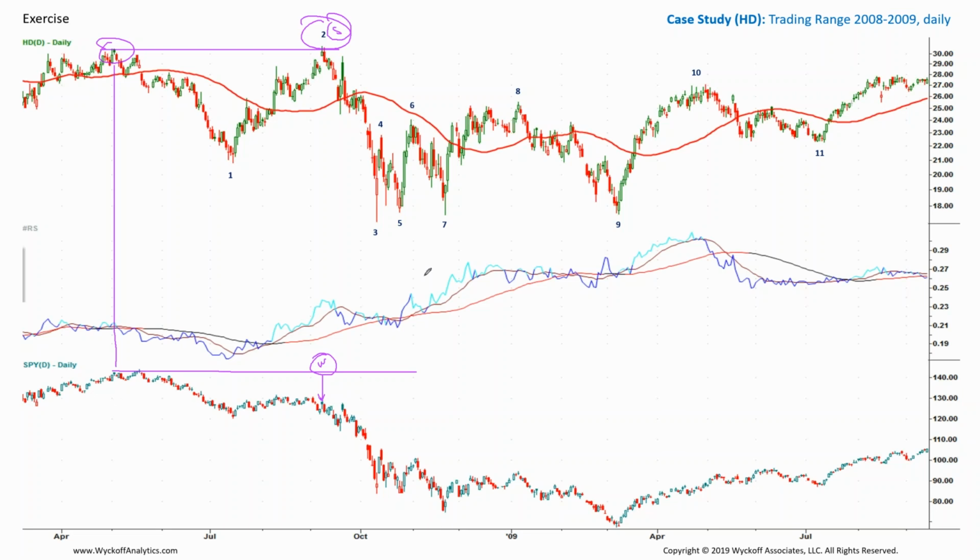Point number 3. So from significant low 1 to significant low. Yeah, definitely. I mean, just looking at your low on SPY, I'm just trying to draw the line there and the line there. But Home Depot, the relative strength chart's actually going up.